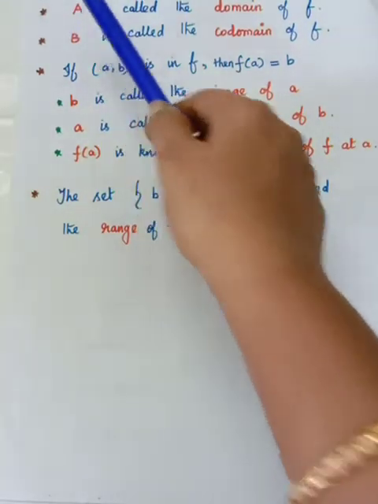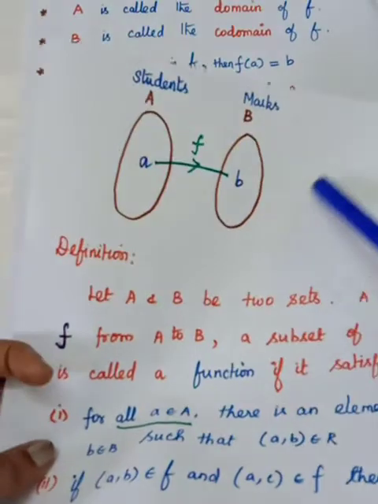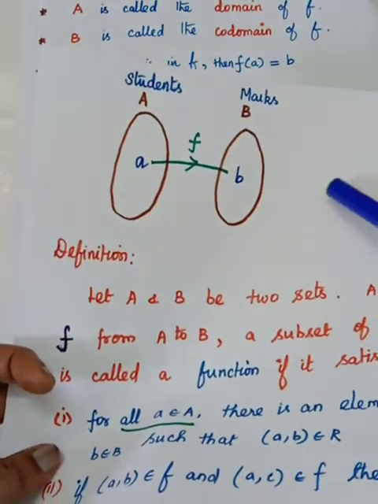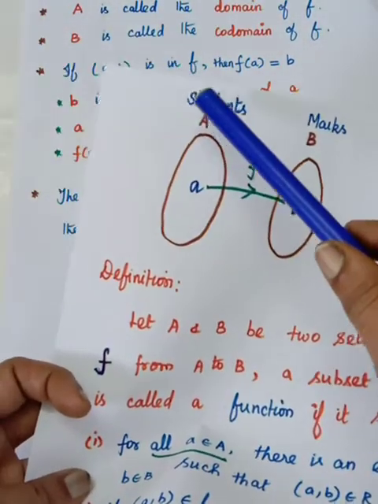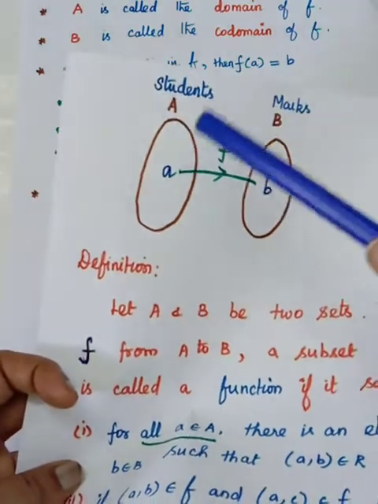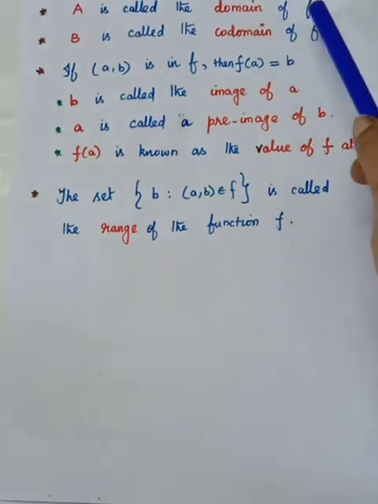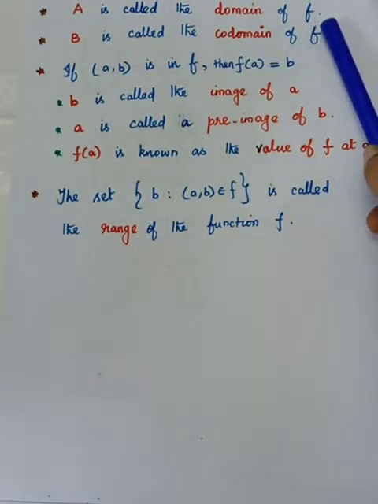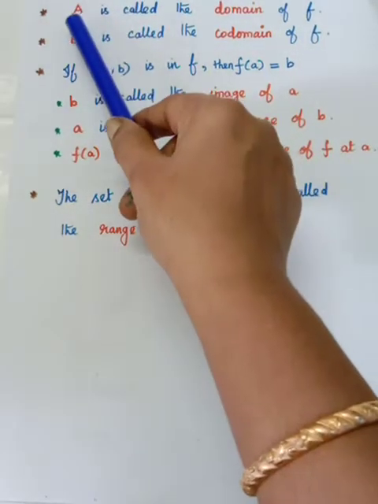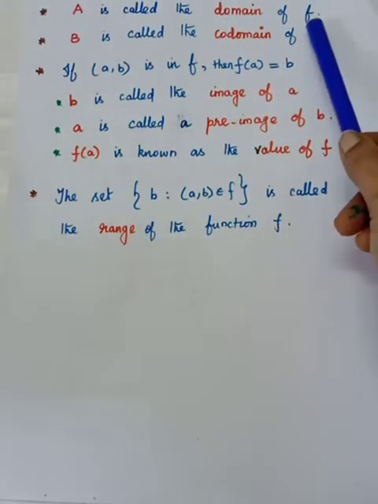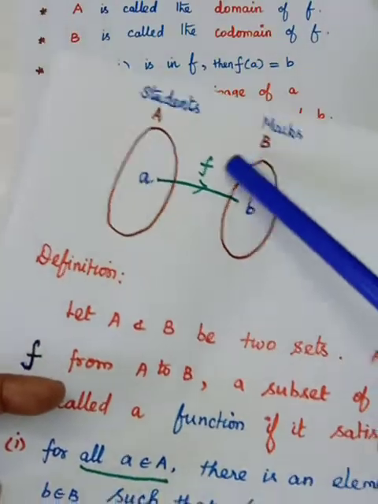So in this diagram, this capital A is called the domain of F. F is a function now, so capital A is the domain of F. And what is capital B?